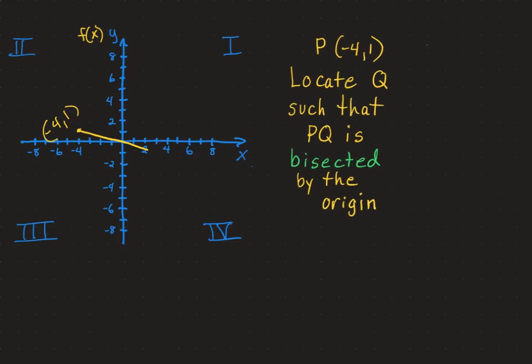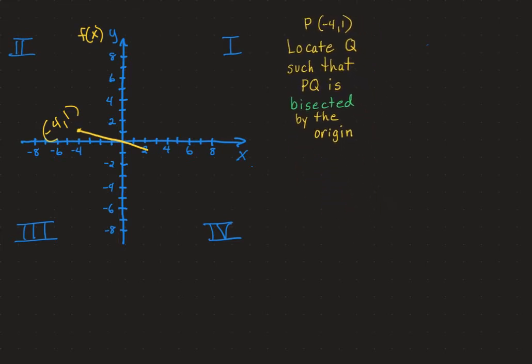But just how far away is P from the origin? Let's use our distance formula to determine that. So C equals the x value, -4, minus, remember the origin's coordinates are 0, 0.